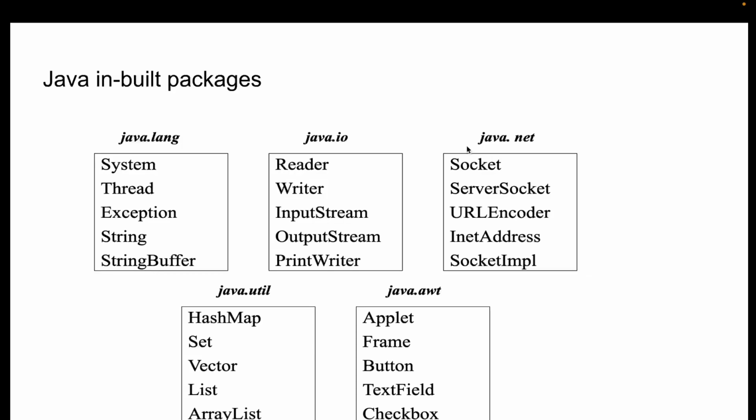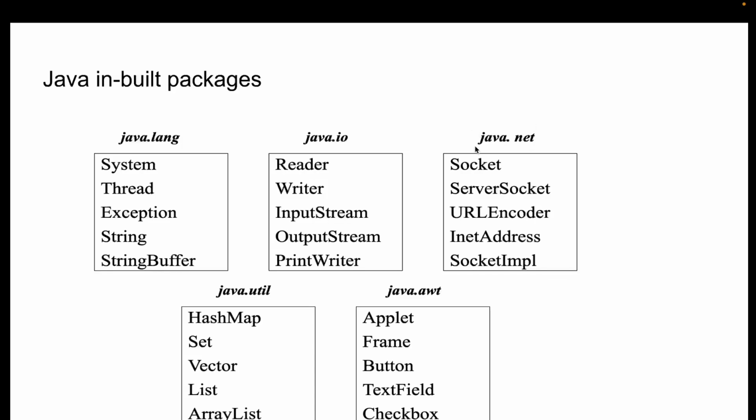If there is a host computer and there is a server computer, how do you communicate between two different computers on different networks? There are different classes for that. Using InetAddress, you can basically access. These classes help you in writing such code, like Socket, ServerSocket, URLEncoder. These are basically in this package.